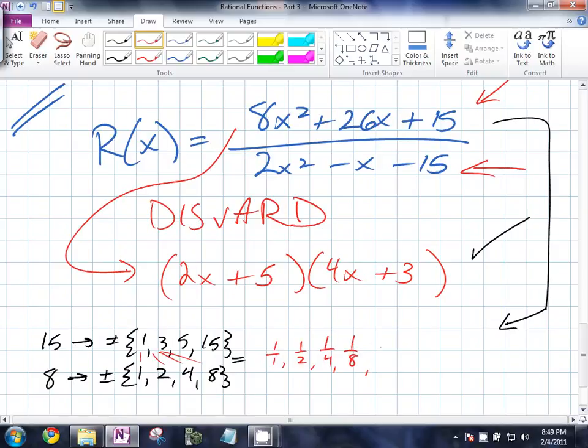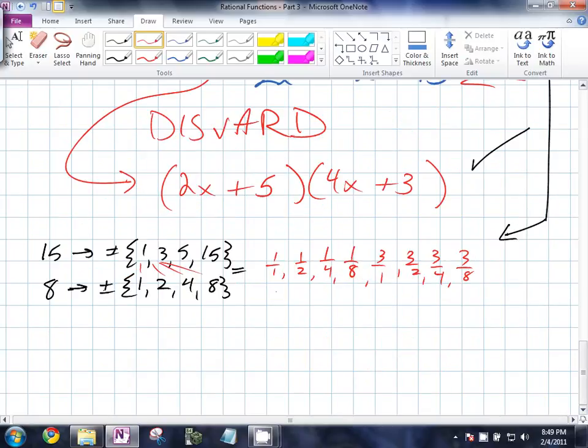And you can't even stop there because then you have 5 over 1, 5 over 2, 5 over 4, 5 over 8. And then it keeps on getting better because it's 15 over 1, 15 over 2, 15 over 4, and 15 over 8. How many do you have there? Well, it's plus or minus. There are 16 numbers in there, plus or minus, so you get 32 potential rational zeros.